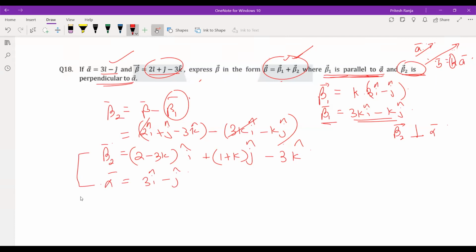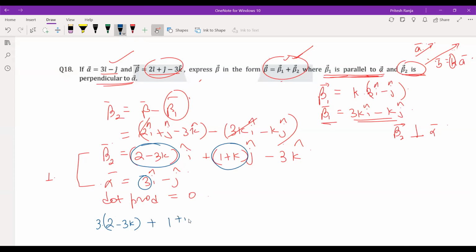That means take the dot product. Whenever we get the condition that two vectors are perpendicular, we will take their dot product, and that dot product will be 0. So multiplying the coefficients together, (2 minus 3k) times 3, and then plus (1 plus k) times minus 1, minus 3 into 0, that will be 0 only.